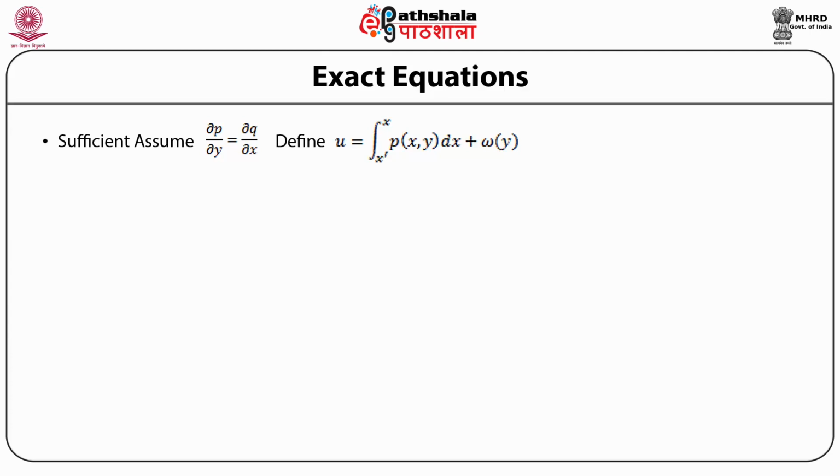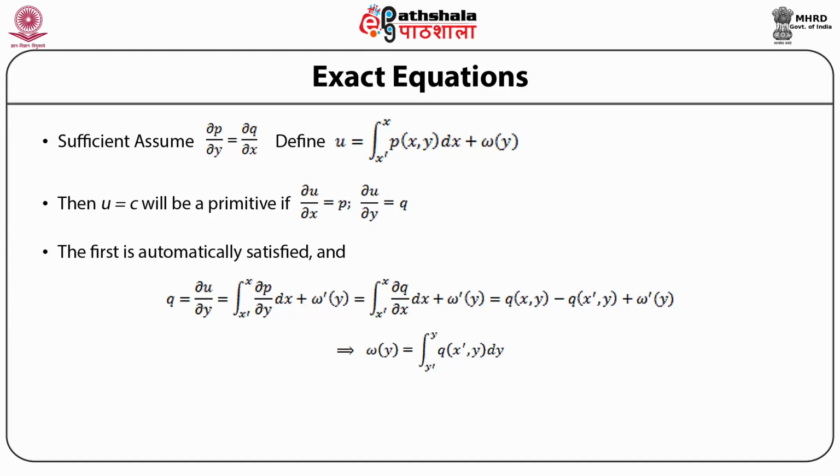Here, x prime is an arbitrary constant and w an arbitrary function of y. Then u is equal to c will be a primitive if del u by del x equal to P and del u by del y equal to Q. If we see the definition of u, the first condition is automatically satisfied.